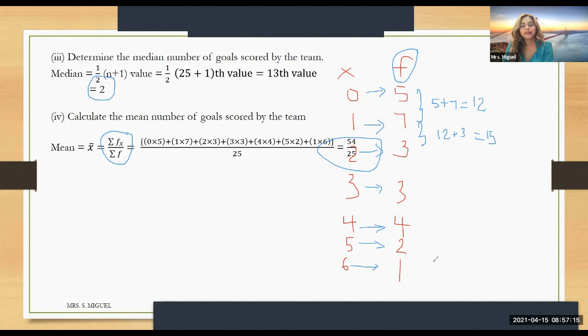So we multiply 0 by 5, 1 by 7, 2 by 3, 3 by 3, 4 by 4, 5 by 2, and 6 by 1. So the mean is the sum of fx divided by the sum of f. This symbol means sum. So take down the formula for the mean and take down the answer.